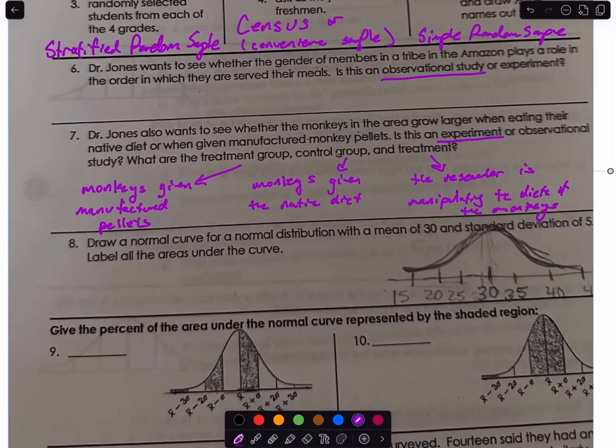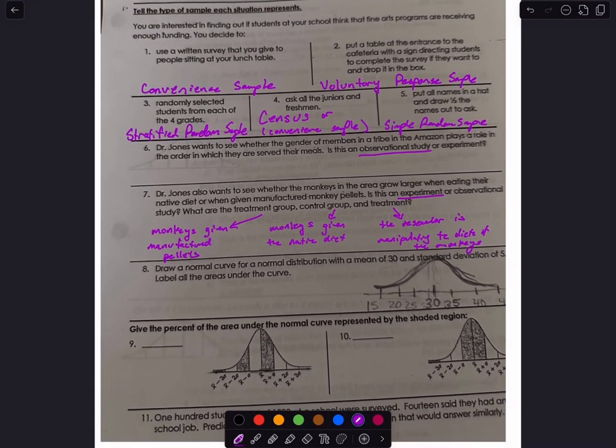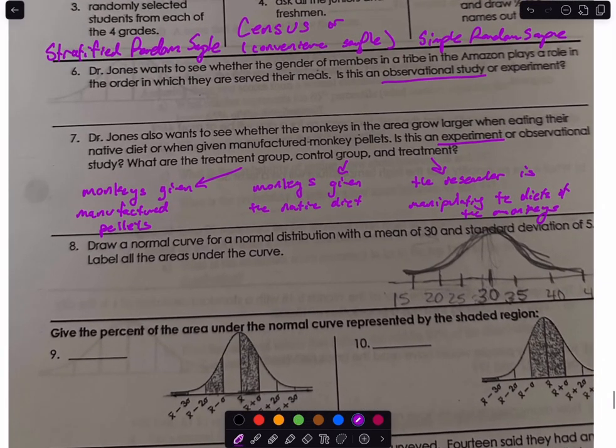When we're plus or minus 1 standard deviation from the average, that's approximately 68% of the population.